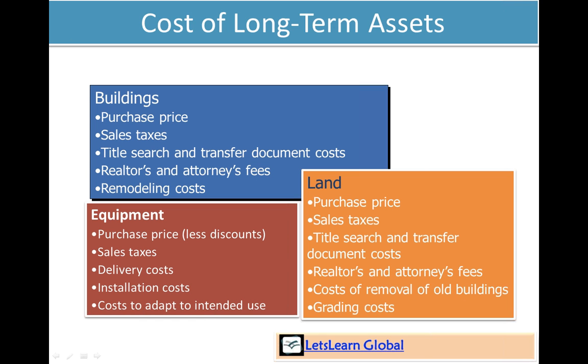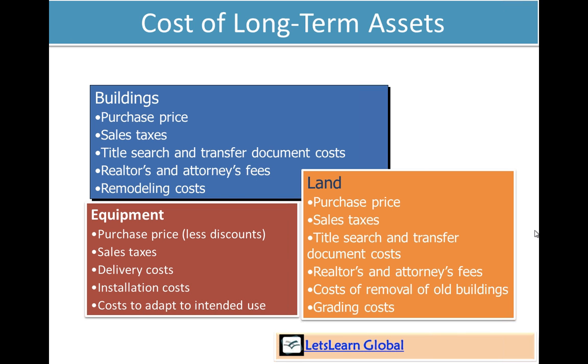If you have any constructed buildings at the time of purchase which you do not want, obviously you'll have to remove them to use the land for its intended use. So the cost you incurred to remove the old structures, and at the same time, grading costs. Sometimes the land may not be in a good position, therefore it has to be graded. So grading cost should also be added.